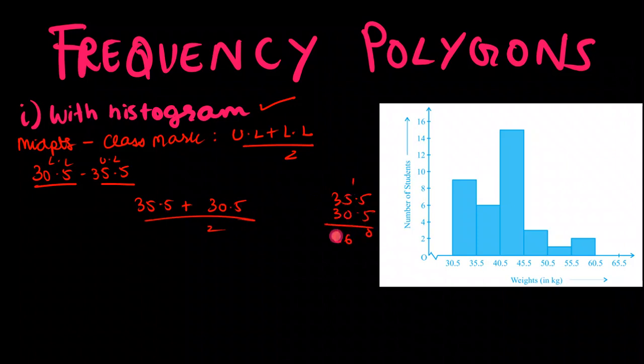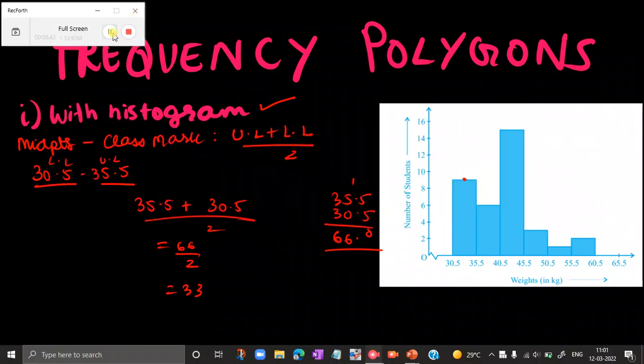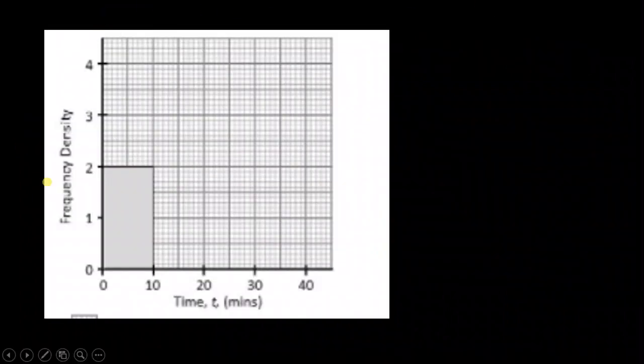So 35.5, 30.5, let's add it up. So we will get 66, right? So 66 by 2, which will be 33. Okay, now 33 will be the midpoint. So in the graph basically you will have your midpoint as 33. So when you are using your graph sheet, you can easily see where you can find 33.